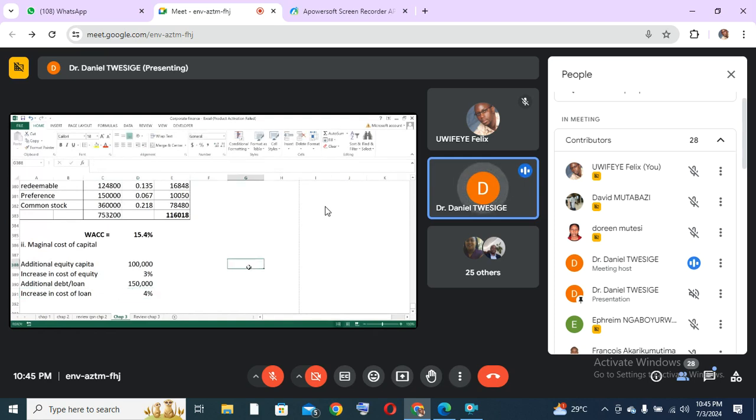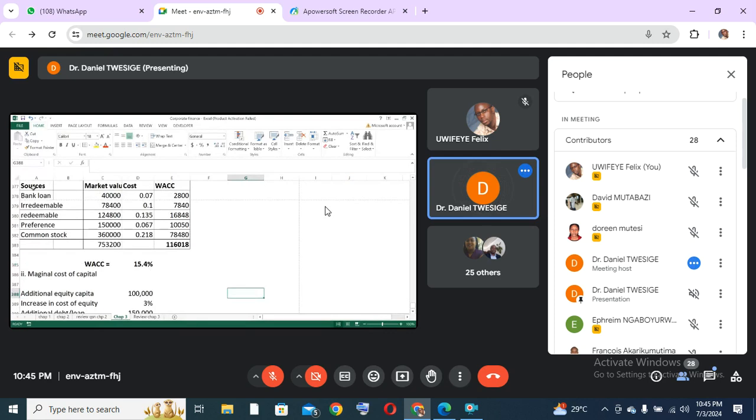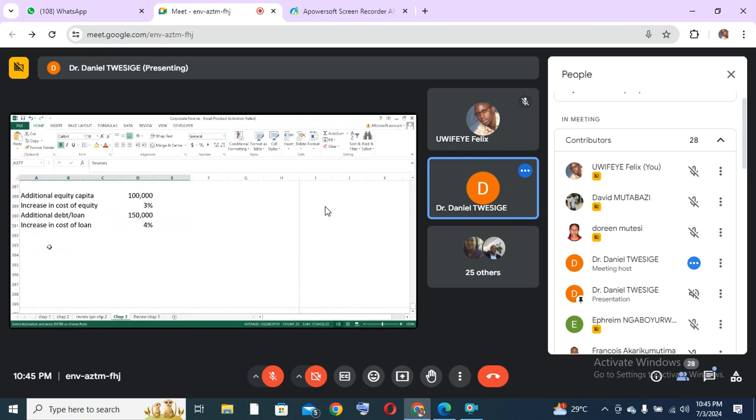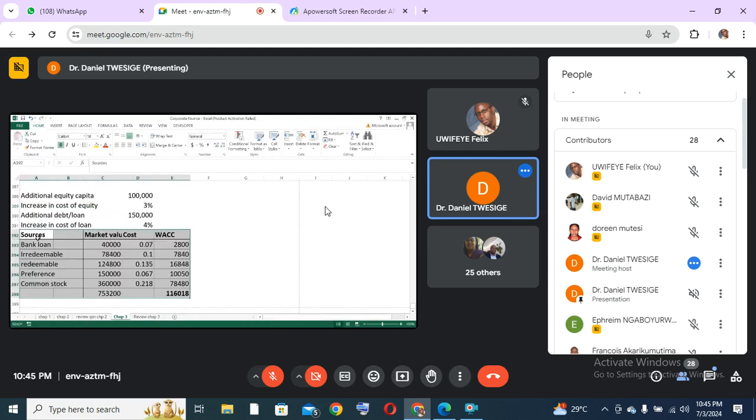Because we are looking at the cost of addition, if I can bring this table down here, this one.